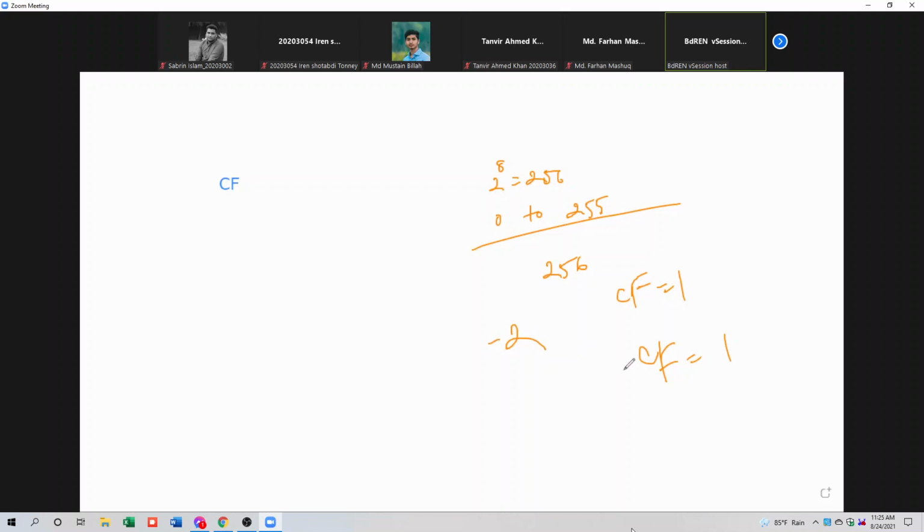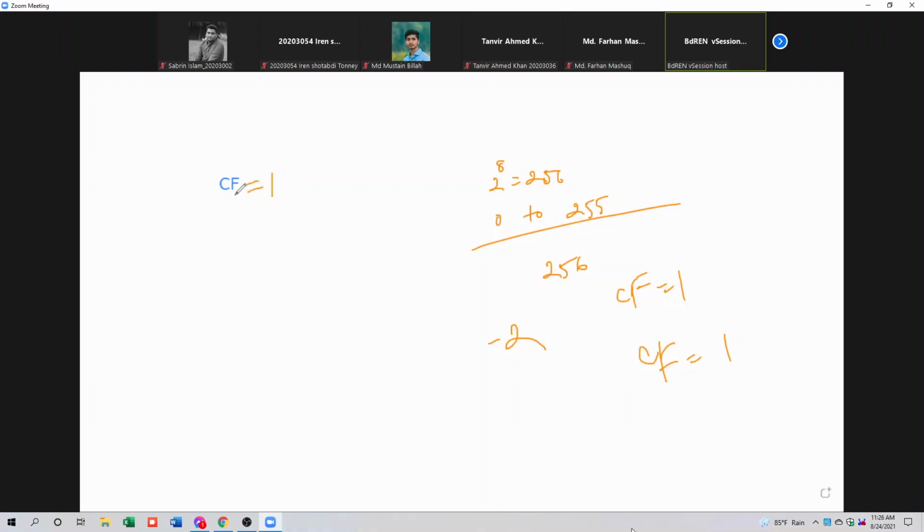Or if we got a result which is too small to insert inside the register, the carry flag will also be 1. So you just have to find out whether the result is within the range or out of the range. If the value is out of the range, then the carry flag's value will be 1.